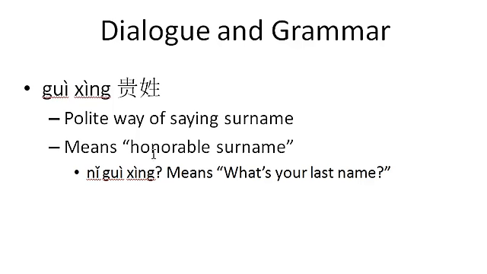Generally, teenagers, high school kids, college kids might not greet each other this way, but in a more formal setting, you would ask someone their last name by saying 你贵姓. College kids or high school kids may use it, but it's very formal. In the dialogue, we saw 你贵姓, which translated into English means what's your last name?